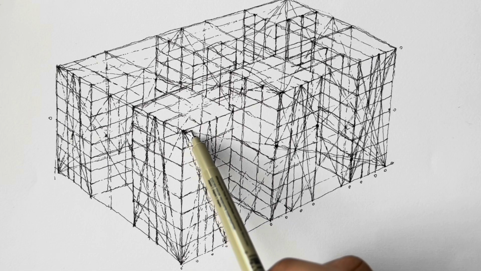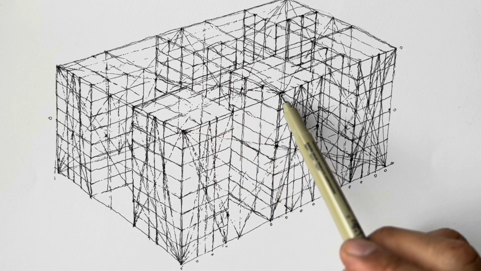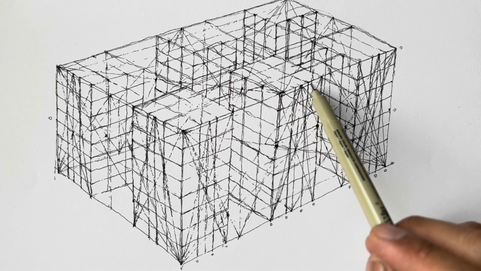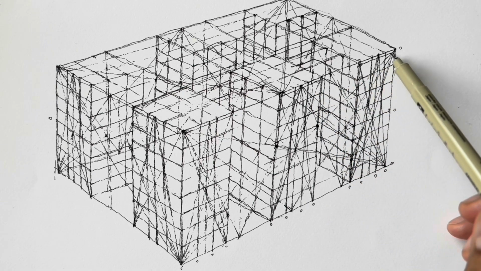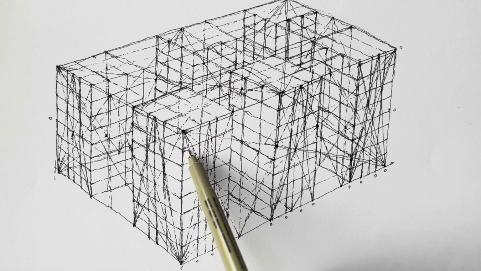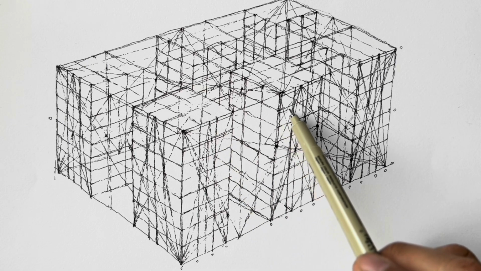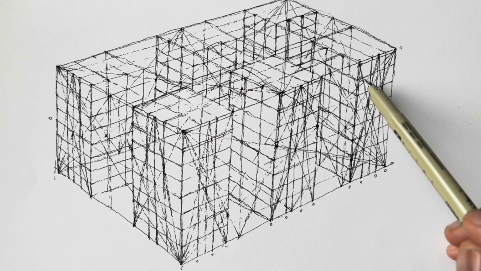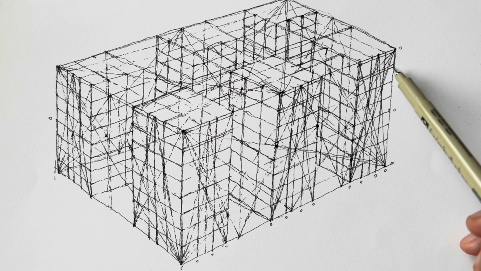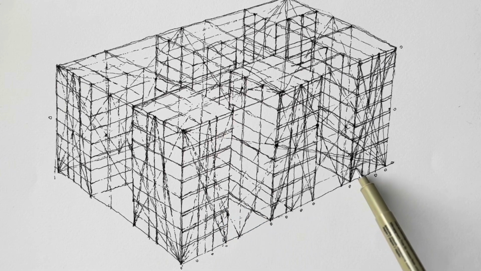So the next step is, instead of just one single line, I'm going to put another layer on each of these lines to indicate the thickness or the depth of each flooring on each of these building blocks. Simply offsetting each of the lines on the floor, suppose about 300 millimeter depth.